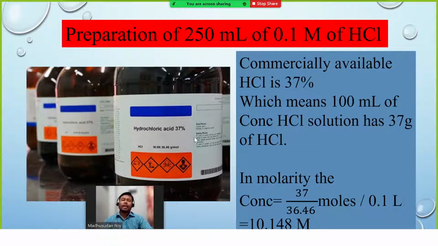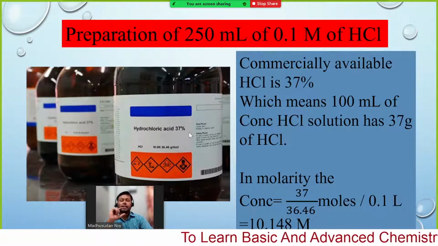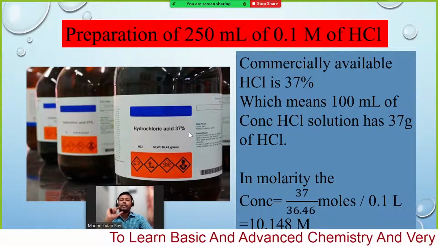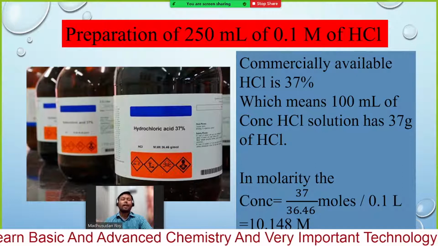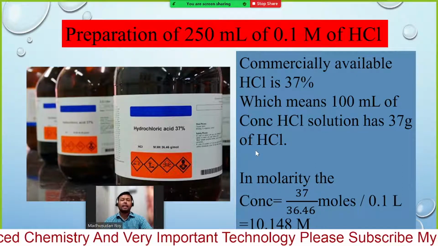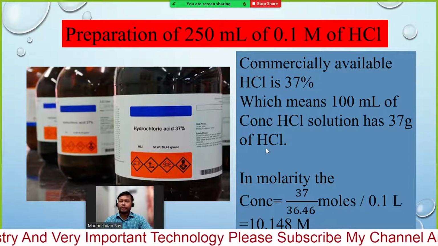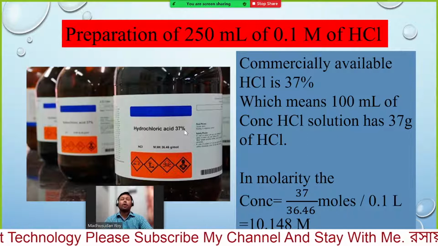If you take 100 milliliter of this hydrochloric acid solution, then in that 100 ml, 37 gram of hydrochloric acid is added, or solid hydrochloric acid, or HCl. If you consider HCl as solid, that is okay, and the rest of them are water.